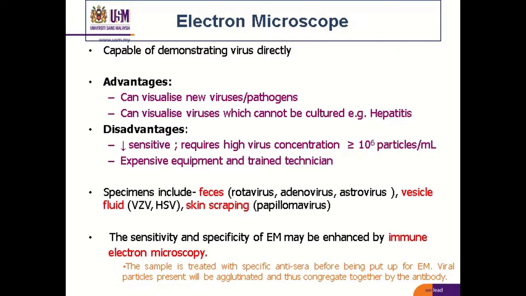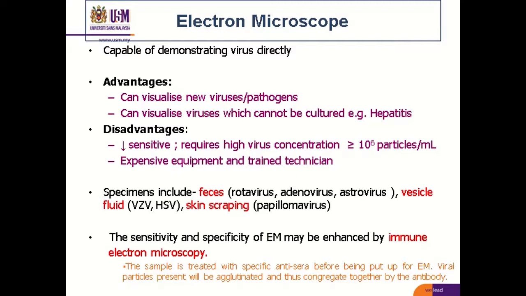The disadvantage is that electron microscopy is not sensitive. It requires high virus concentration, more than 10 to the power of 6 particles per ml, and it requires expensive equipment and trained technicians, so it is very rarely done. But when there is an outbreak of new viruses, then it is very useful.